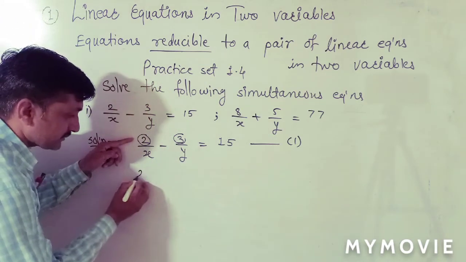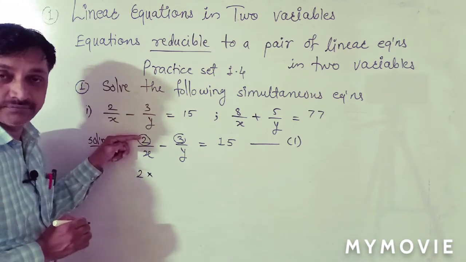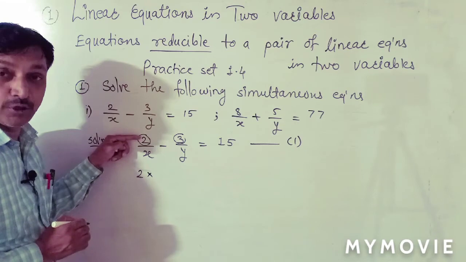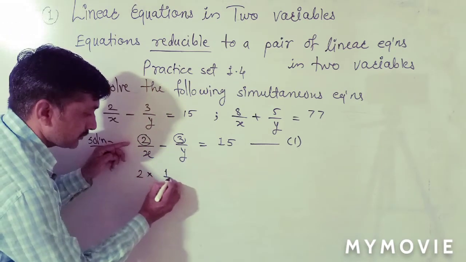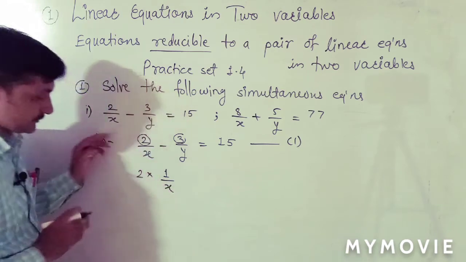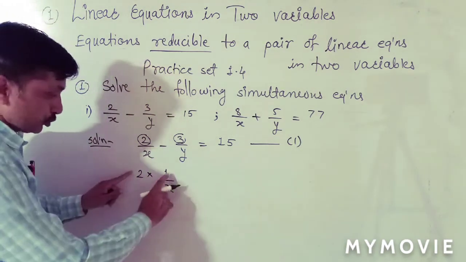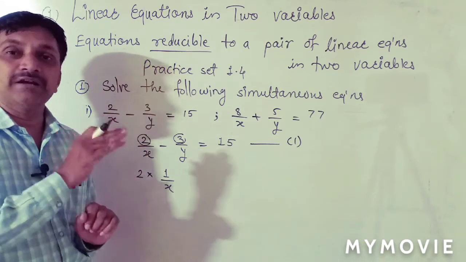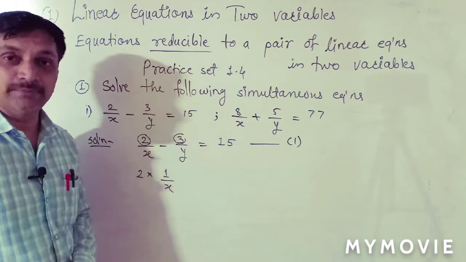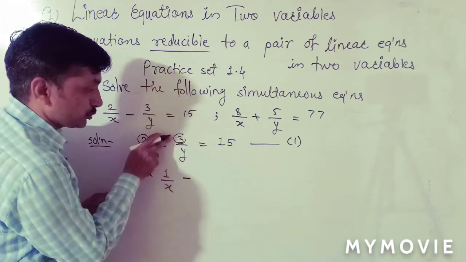If I write 2 separately, 2 multiplied by what is left, the numerator of x after taking 2 out, is 1, and this upon x as it is. The value is the same, the value is not changed. 2 ones are 2 upon x. Only we have separated the numerator. Same way minus here also.